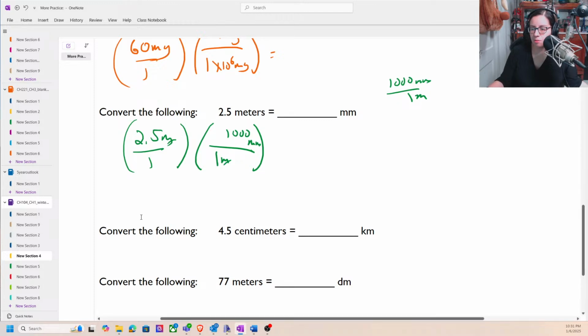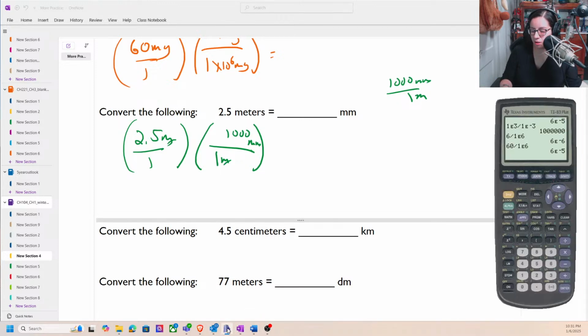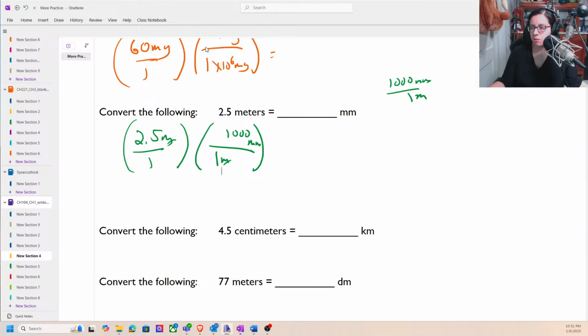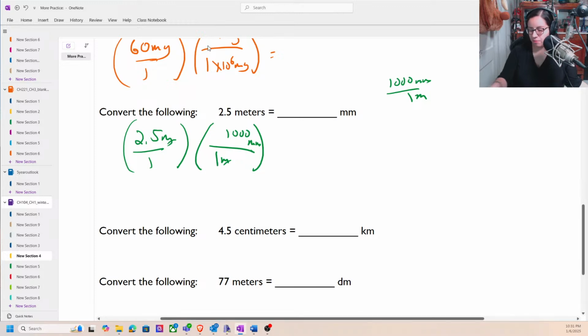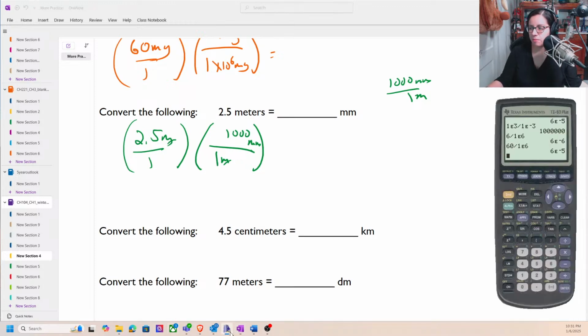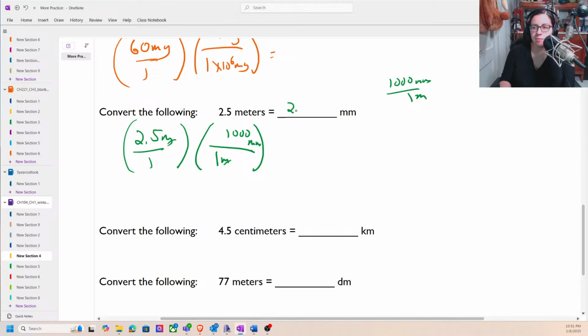Meters cancel. I'll just use my calculator so I don't get squirrely. So 2.5 times 1000. So 2,500 millimeters.